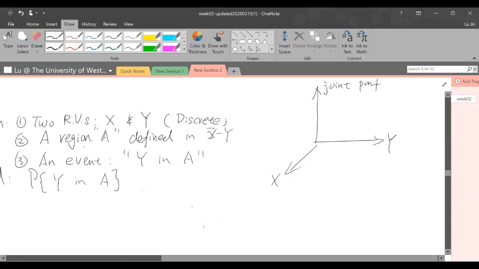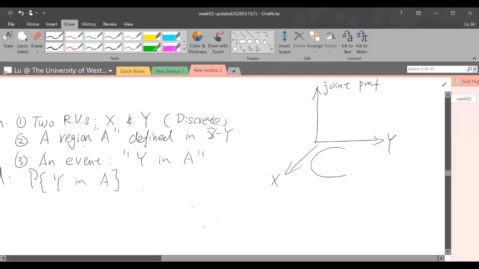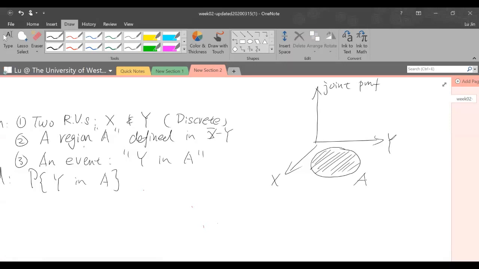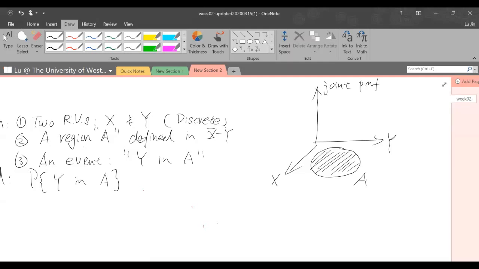The region A is defined within the x-y plane, so we use a shadowed circle in the plane to define region A. Now, the event we are going to analyze is Y falling into A. If you just focus on the term Y in A, you can't see X, so X is not given, but X also plays an important role for this event.